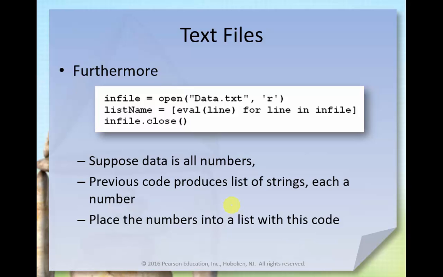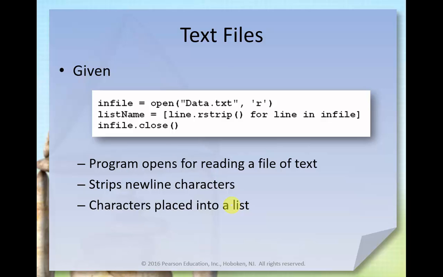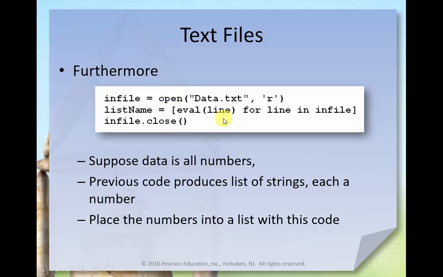Here's another example. Let's suppose that all of these are going to be numbers instead of text. Let me back up here real quick. So we had data.txt and read, and we're doing line rstrip. Here we're doing the same first line.